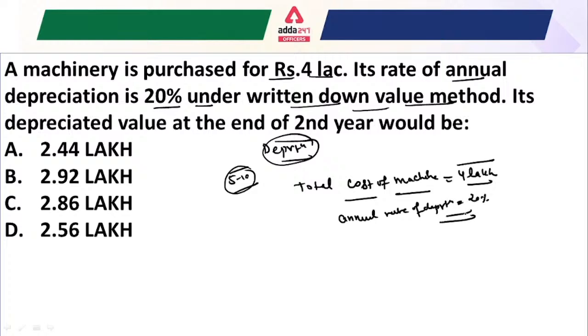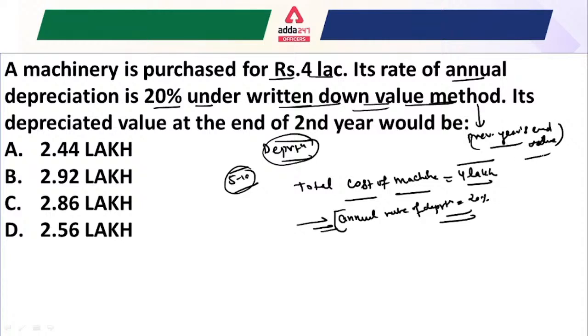This annual rate of depreciation is the constant rate of depreciation applied over all the useful years of the machine. In the written down value method, we use the previous year's end value for calculating the depreciation.